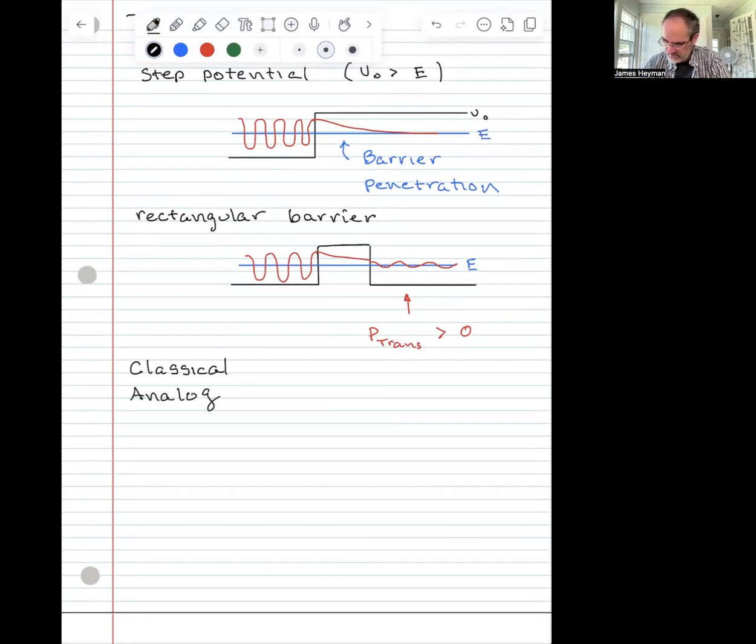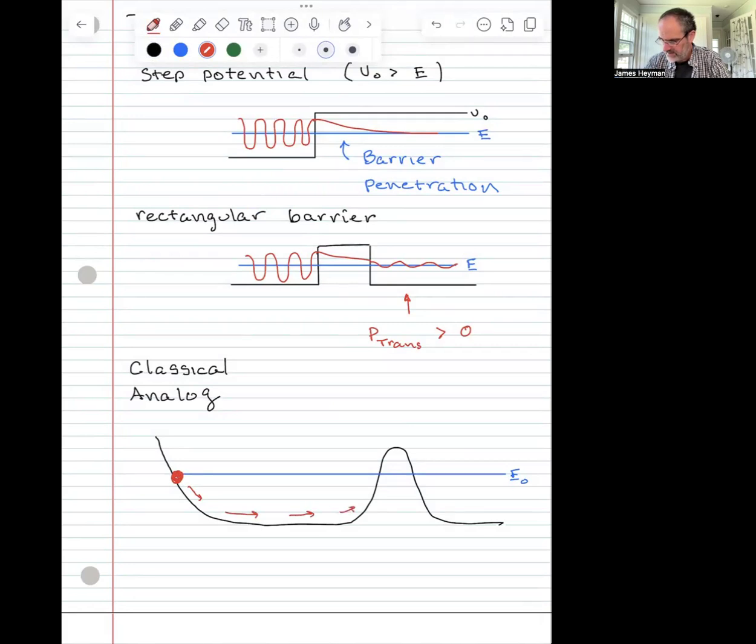The classical analog of this situation is something like this. We imagine a particle that gains kinetic energy by, say, rolling down a hill, and then it comes to a barrier. If the particle starts at a height which is below the top of the hill, then there's no way that the particle can possibly transmit over the barrier. Here's our particle, or our ball, starting at this point. It rolls down the hill and gains kinetic energy.